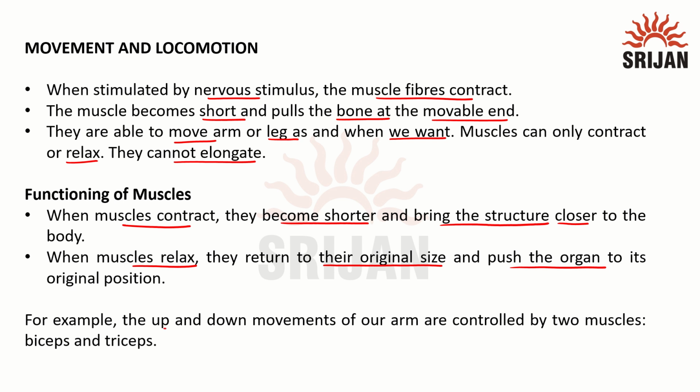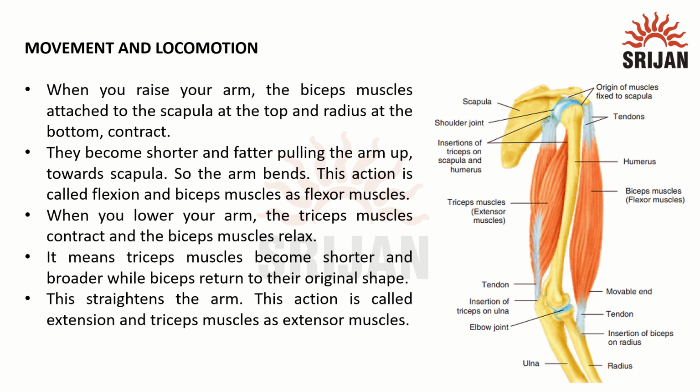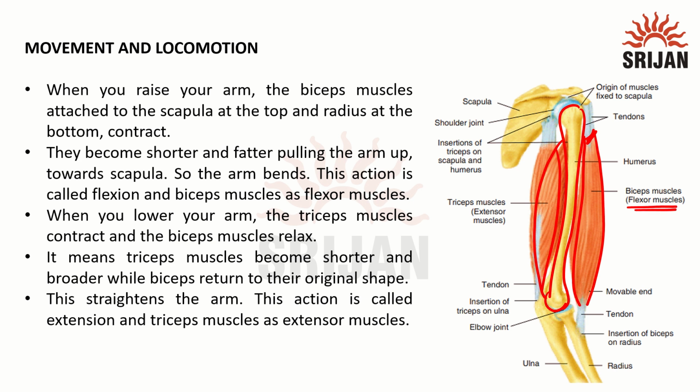For example, up and down movement of our arm is controlled by two muscles, that is biceps and triceps. Let's see how these two work. This is a typical joint wherein we can see the humerus bone, and there are two muscles attached to it. Here we have the biceps muscle attached to this end and the triceps muscle on the lower end. Biceps are flexor muscles, triceps are extensor muscles.